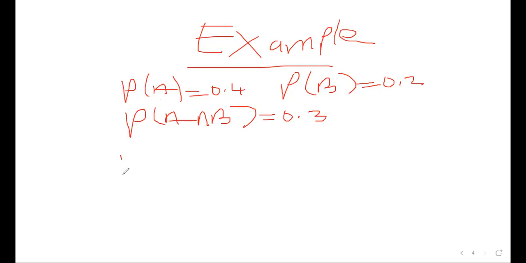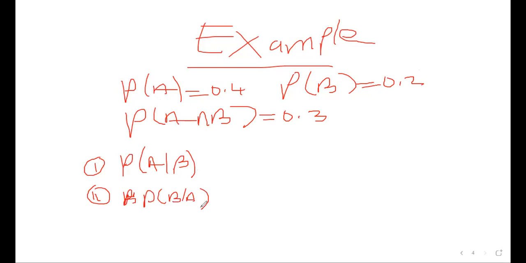Okay, now find probability of A given B, number one. Then find probability of B given A. And of course, we can go an extra mile. Find probability of A union B.